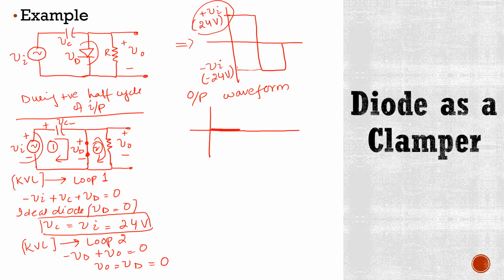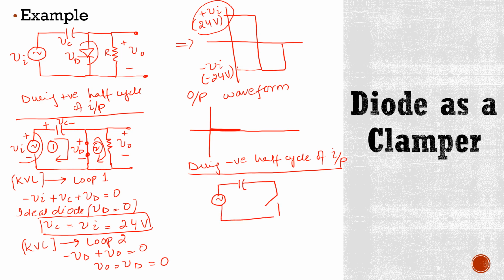Now what would happen during the negative half cycle of the input? During the negative half cycle, this diode will be off. It means it will be reverse biased. So now this circuit will look like this.